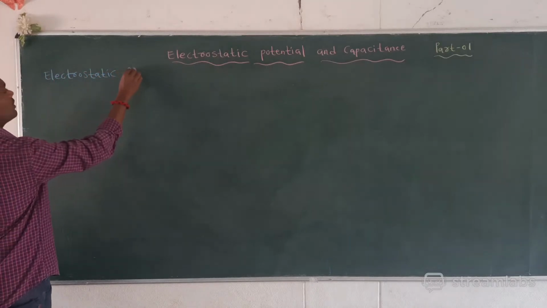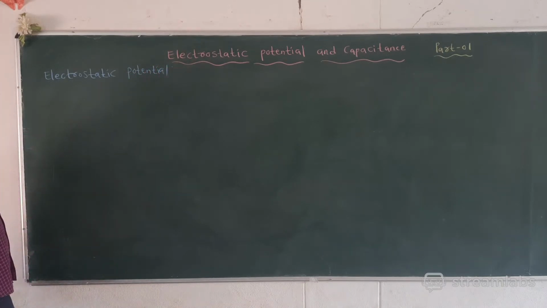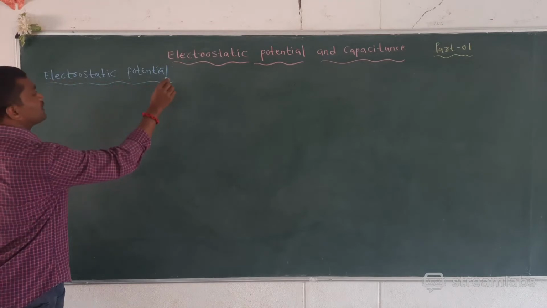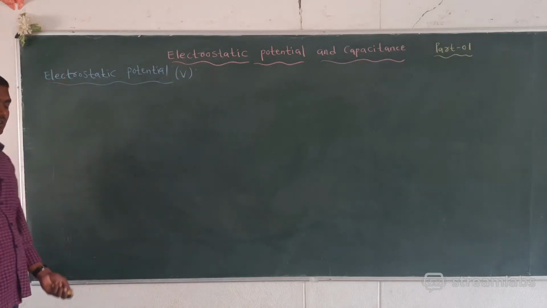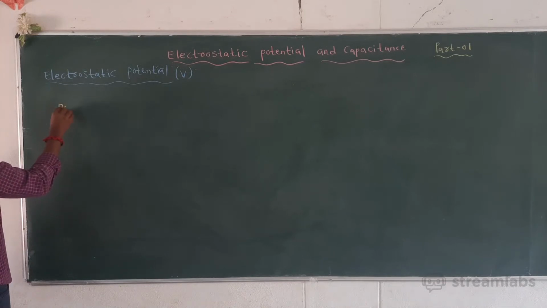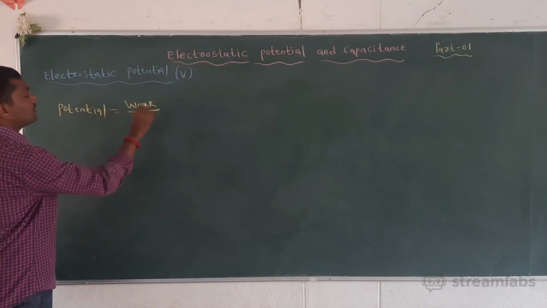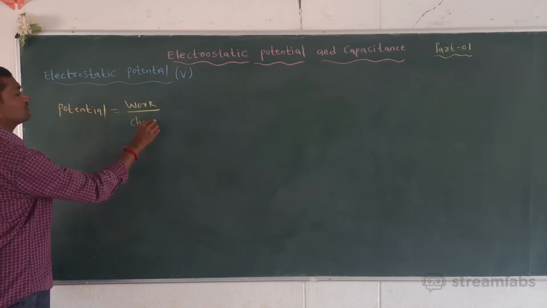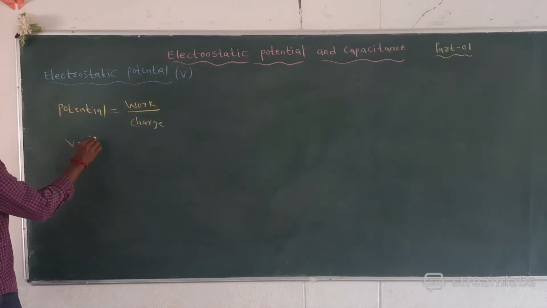The electrostatic potential or electric potential is represented by V. I am writing the formula: the electrostatic potential is equal to work by charge, so V is equal to W by Q naught or W by Q.